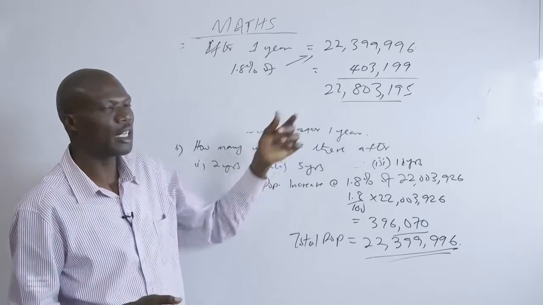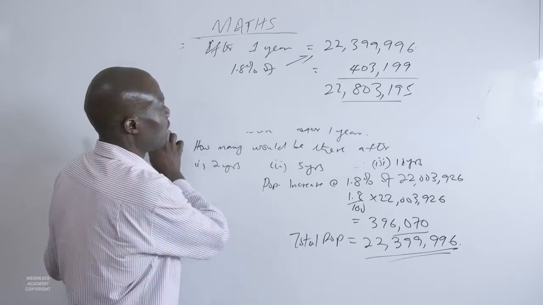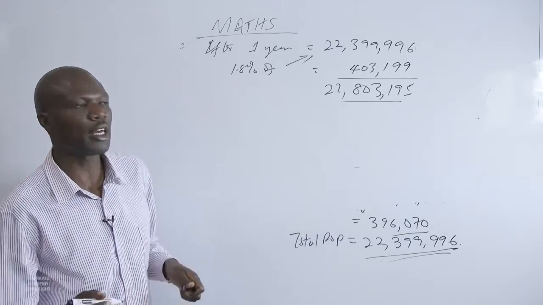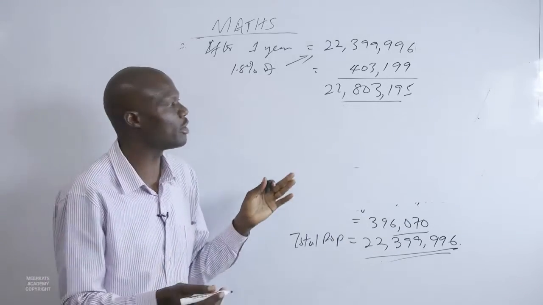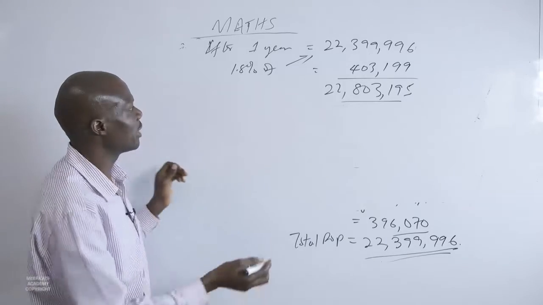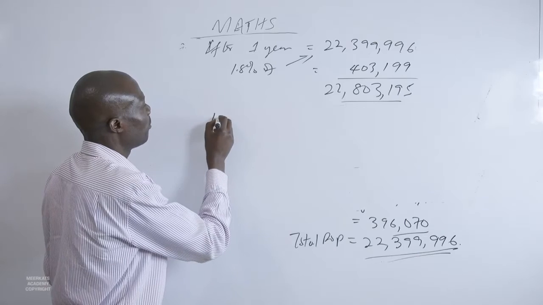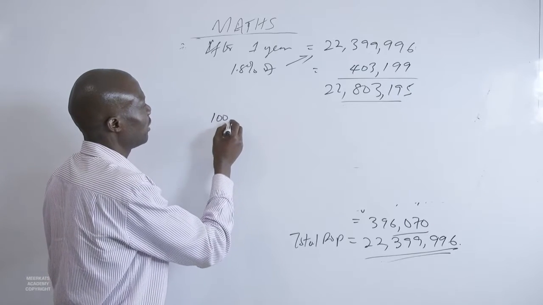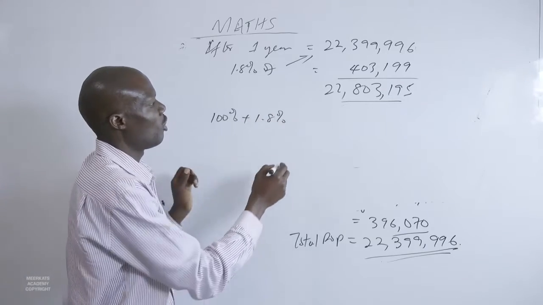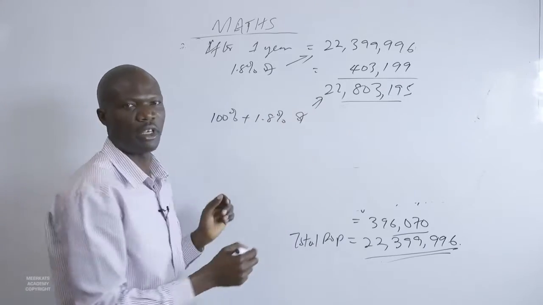For the second year. So if you are to look for the third year, there is an easier way, which is slightly better. The population after 3 years would be 100% plus 1.8% of what you have there.